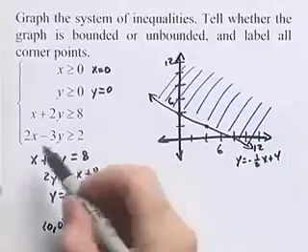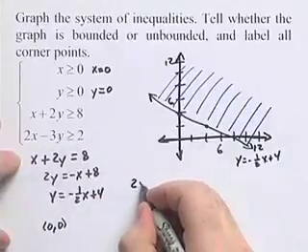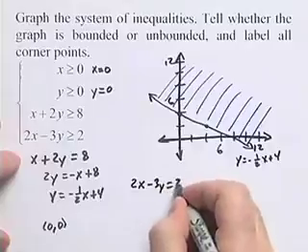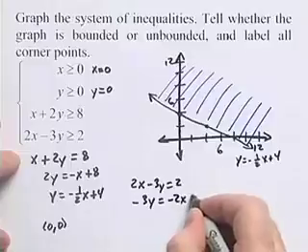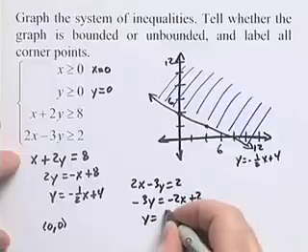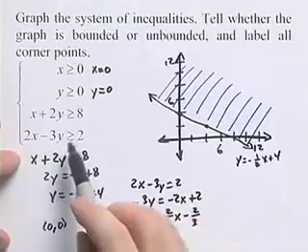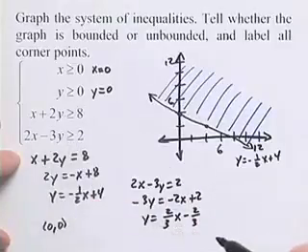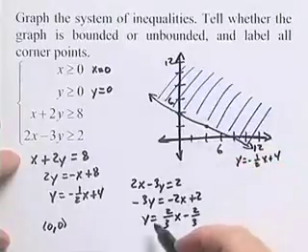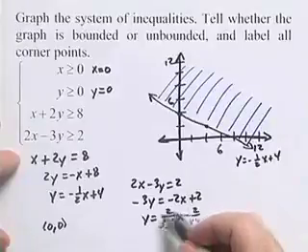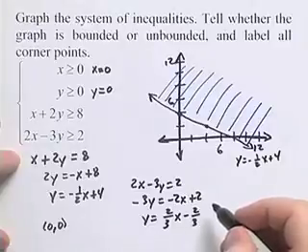Next, we'll look at our last inequality. 2x minus 3y is greater than or equal to 2. We'll again treat that as an equation. 2x minus 3y equals 2. Solve for y. Negative 3y equals negative 2x plus 2. So y is equal to 2/3 x minus 2/3. The inequality is not strict again, so we're going to graph this line with a solid line. We need to pick 2 points. We might go ahead and pick 4. If x is 4, we'll get y is equal to 8/3 minus 2/3, which is 6/3, which reduces to 2.